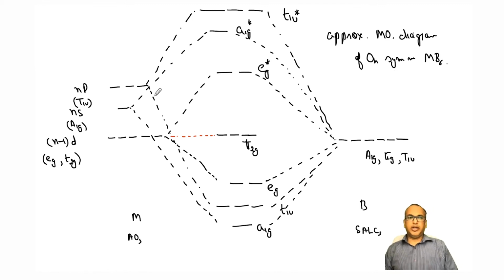Now different books might have different diagrams where the symmetry of these 3 orbitals and these 3 orbitals might get flipped, because again, we can only get an approximate picture from group theory. For the actual picture you will have to set up the secular equations and calculate the energy, but it does give you an approximate explanation of what is going on based on symmetry. So that finishes our discussion on bonding, including now the crystal field theory.